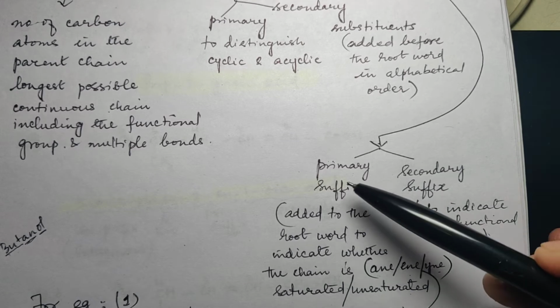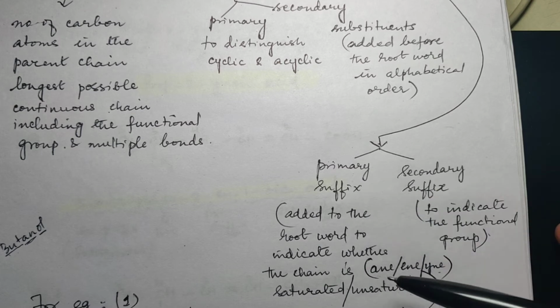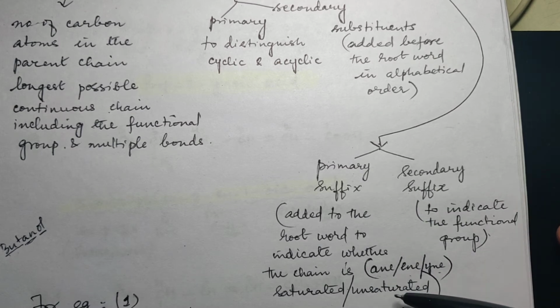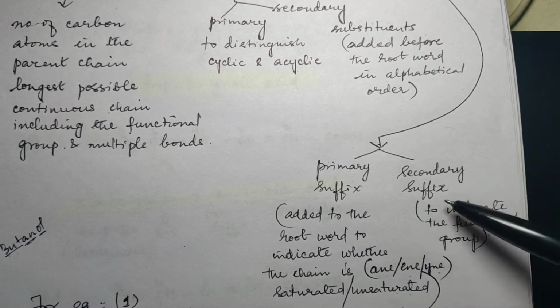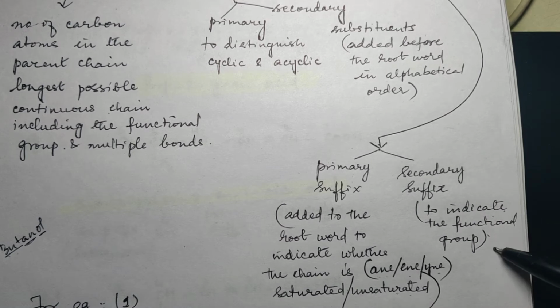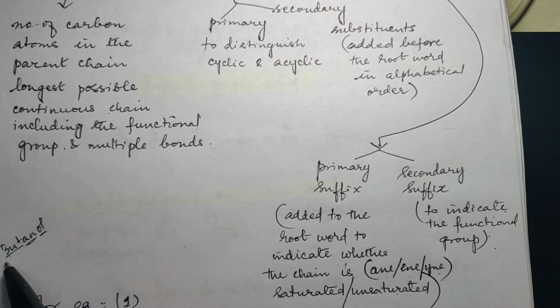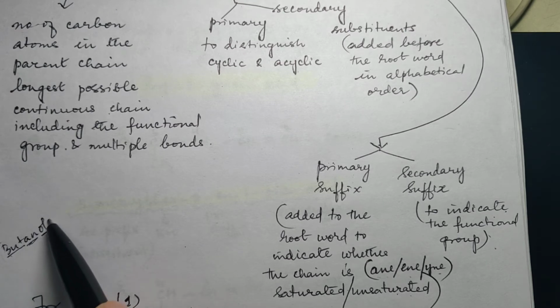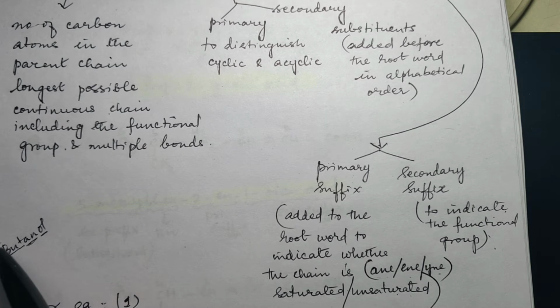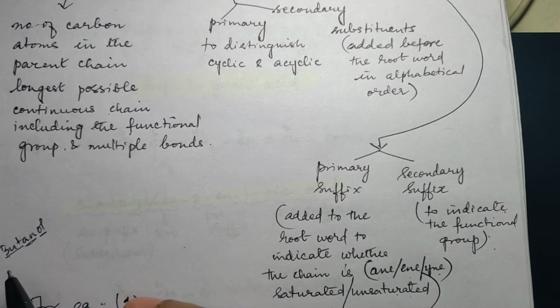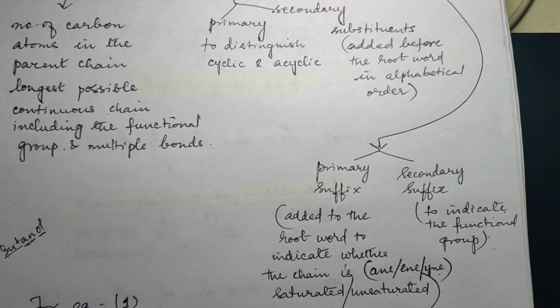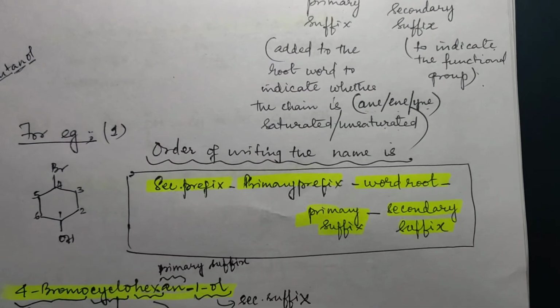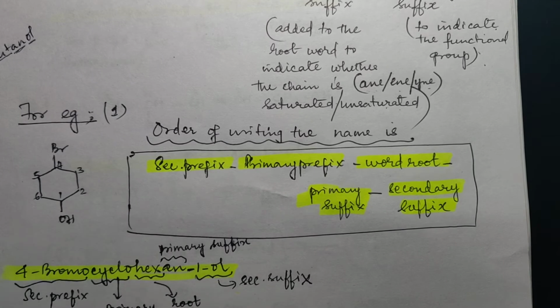Primary suffix is going to tell you whether the carbon chain is saturated or unsaturated, and secondary suffix is going to indicate the functional group. So this is your root word, this is your primary suffix, this is your secondary suffix. In simple terms, this is what is an IUPAC name. Now let us see one by one. We'll see as many examples as possible so that we are clear with the concept.